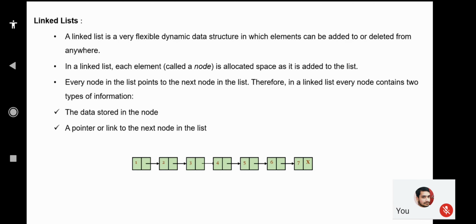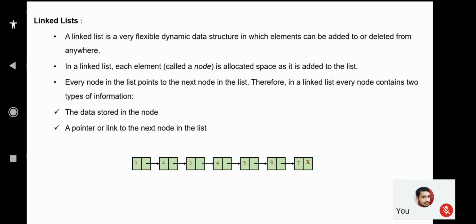The first one is the data part, where we can store data. Suppose we have 5. Next, this is another node. It may have 2 parts. Now for 5 also, it has 2 parts. In case of an array, this is contiguous memory location. Here, this is not contiguous memory location, but the linearity comes from that pointer.